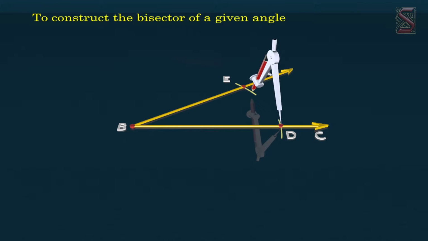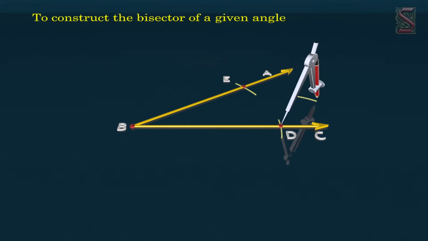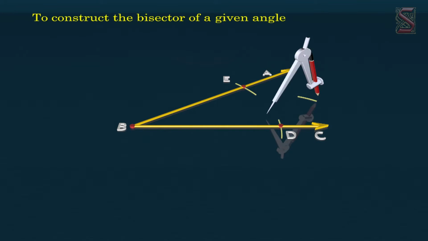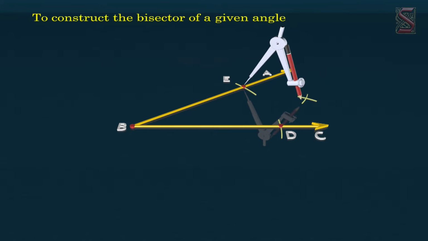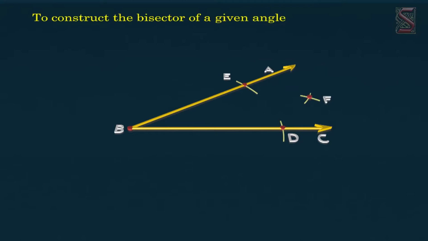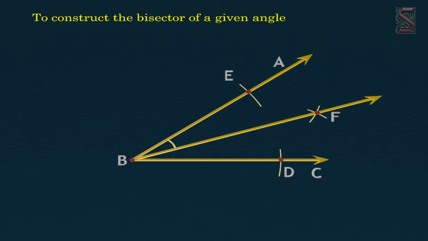With D as center and radius more than half of DE, draw an arc in the interior of angle ABC. Step 3. With E as center and radius more than half of DE, draw an arc in the interior of angle ABC. Step 4. Let the intersection point be F. Join BF. This ray BF is the required bisector of the angle ABC.